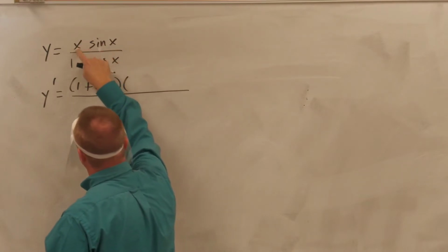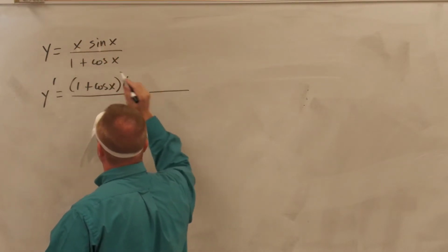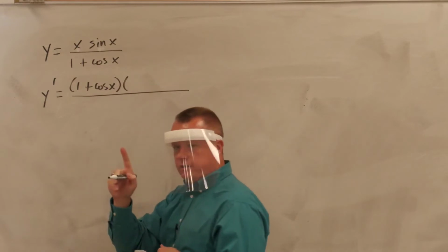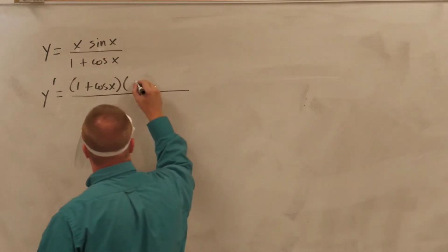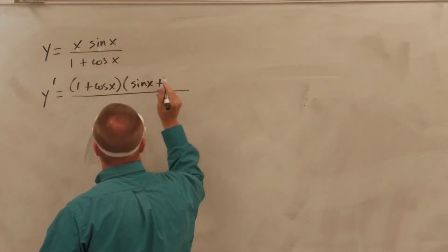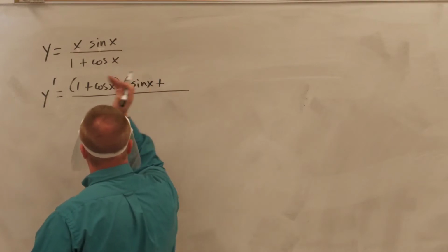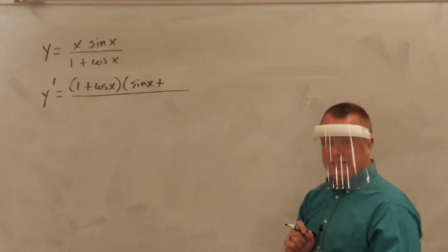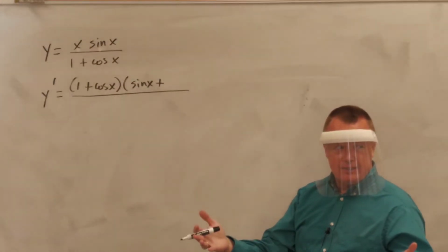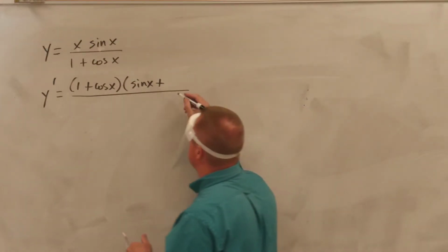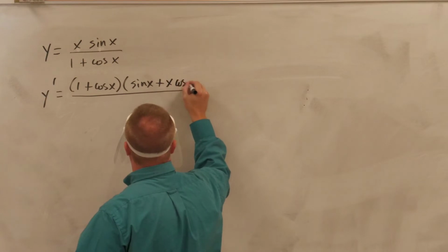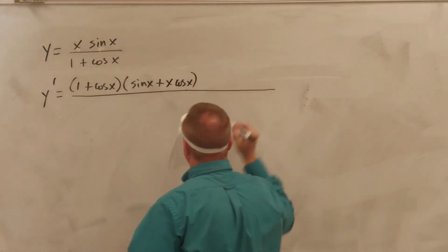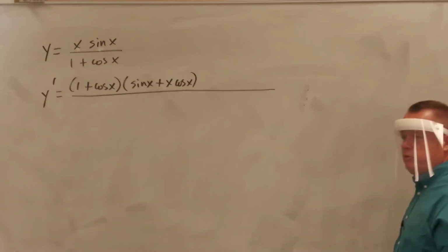I'm going to say the derivative of the first times the second. Derivative of x is 1 times sine x plus the first times derivative of the second. So the derivative of sine is cosine. So x cosine x. Okay? So that is the bottom times derivative of the top.